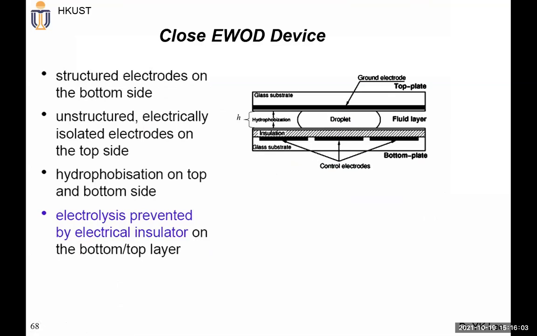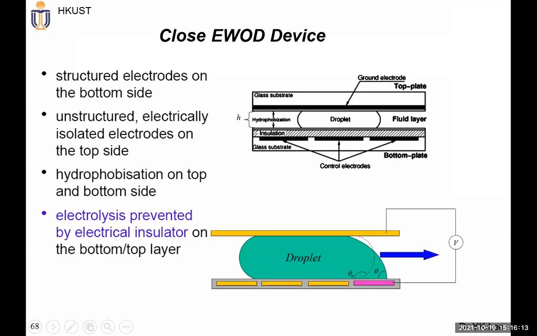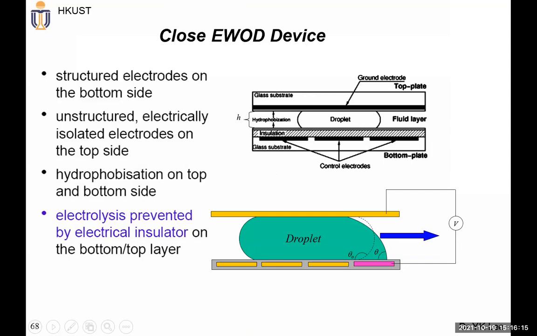In this case, we can make some more sophisticated designs, which is quite important. You can see we can apply multiple inputs to control the voltage for multiple electrodes, so as to manipulate the droplet to move around.